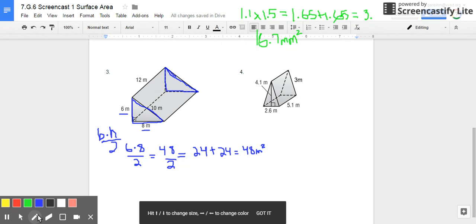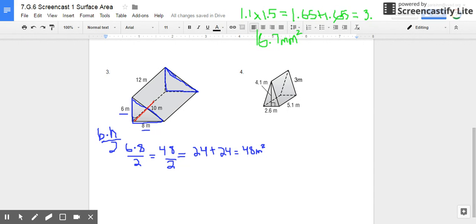Next, I'm going to use a different color to highlight. Let's start with the base. Not the base. The triangle is the base, but let's talk about the rectangle that it's currently sitting on, so the bottom. So looking at that rectangle, we have our length going this way, going back here, then I'm re-highlighting back here.